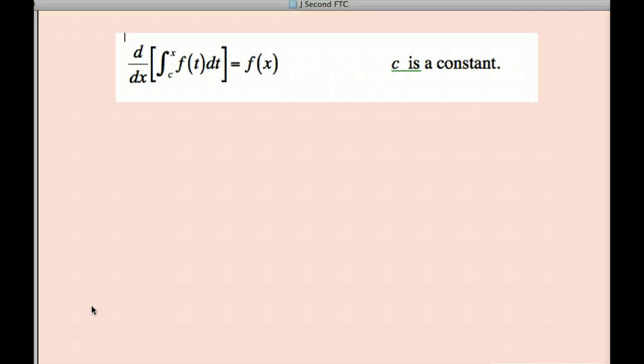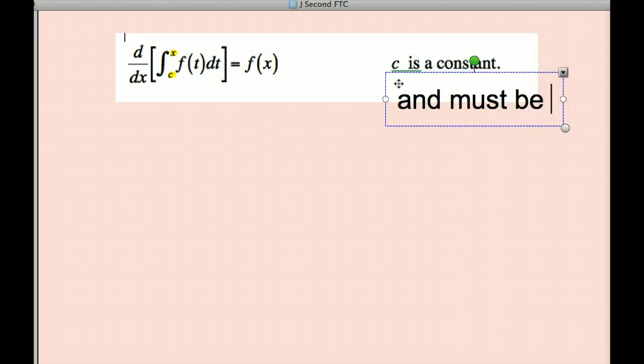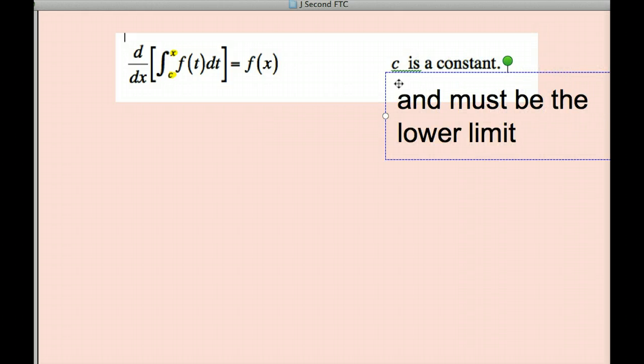So in this case, my general variable is x, and I have a constant. Just to keep note, c is a constant and must be the lower limit.